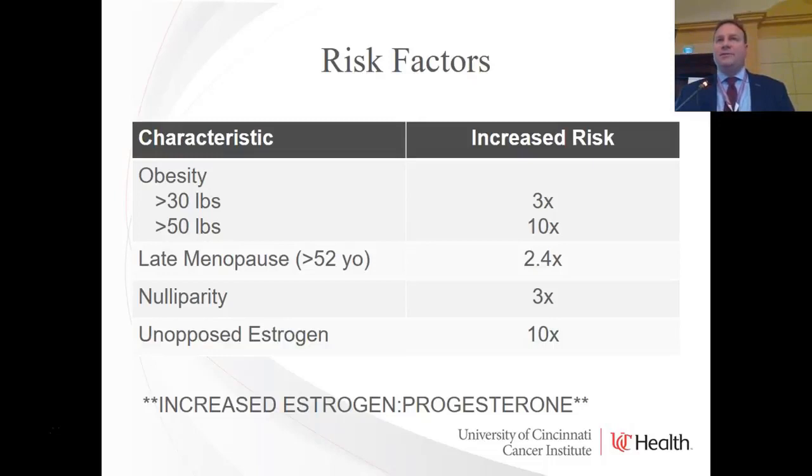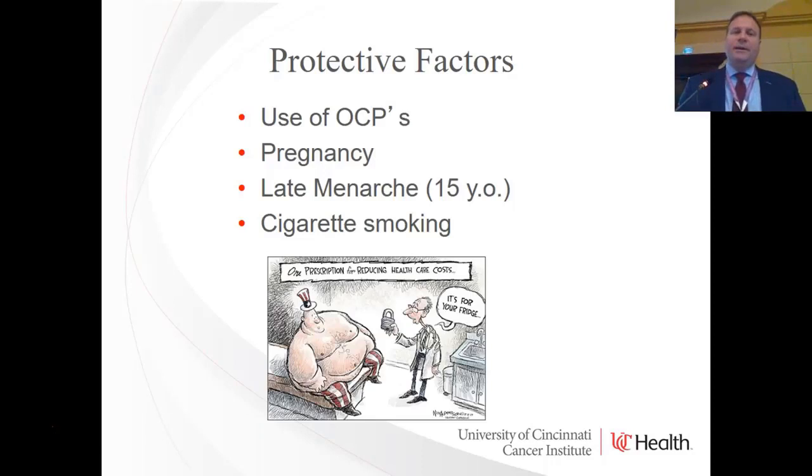Obesity is certainly a known risk factor, thought to be causative through peripheral conversion to estrogen-like compounds, although there may be other factors that we're as yet unfamiliar with. Protective factors include the use of oral contraceptive pills, any prior pregnancy or multiple pregnancies, late menarche, and cigarette smoking.